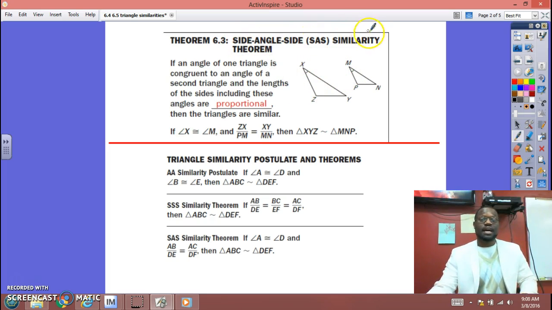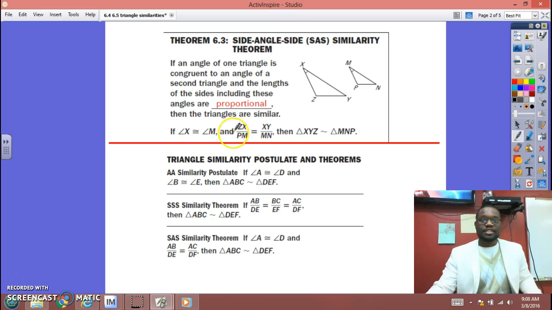So in side-angle-side similarity, if an angle of one triangle is congruent to an angle of a second triangle, and the lengths of the sides including these angles are proportional. So in order to do side-angle-side, you have to remember that the side and the angle and the side have to be together. The angle has to be sandwiched in between.